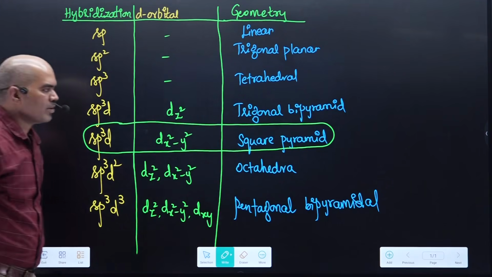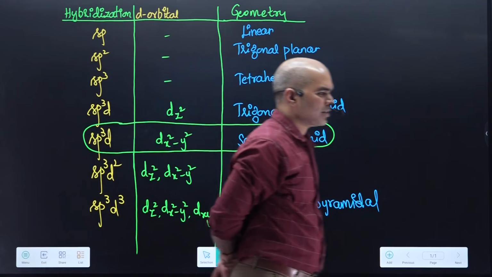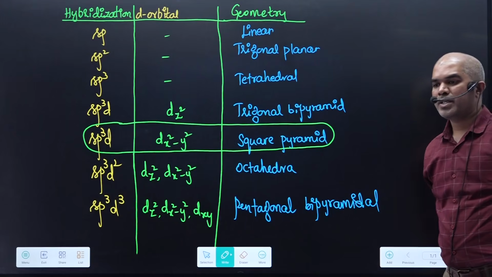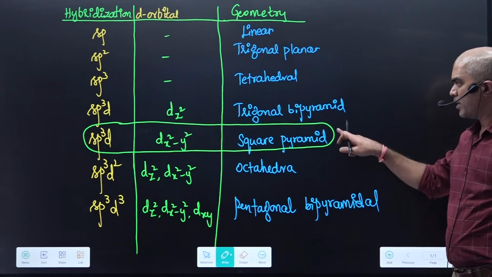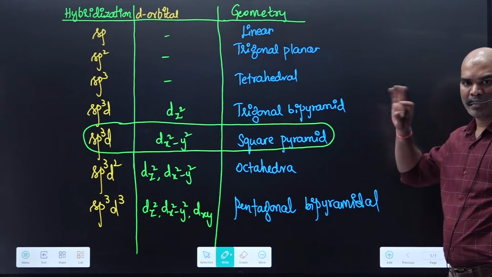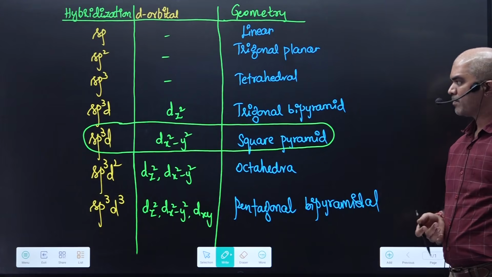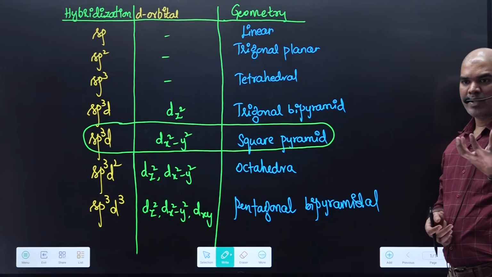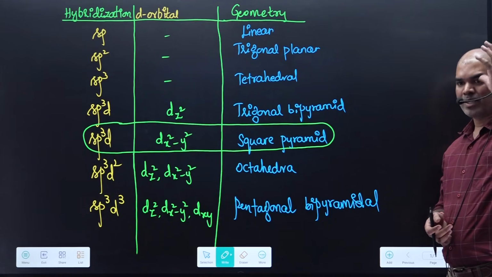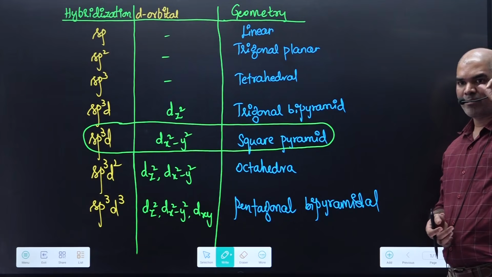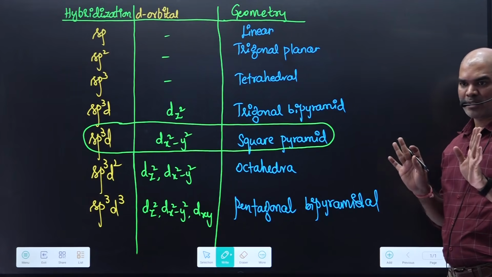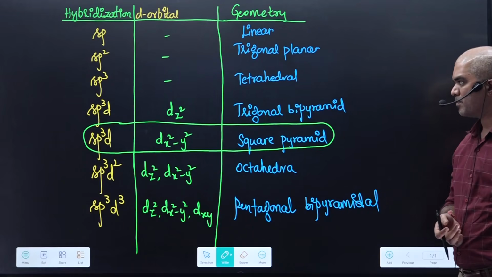There is no parent geometry for VSEPR as square pyramid. It is a derived geometry. In VSEPR, it is a derived geometry, not a parent geometry. Derived geometry means whenever there is a lone pair, whatever shape the molecule is acquiring, that can be square pyramid. But directly, the parent geometry will not have square pyramid. It is impossible.